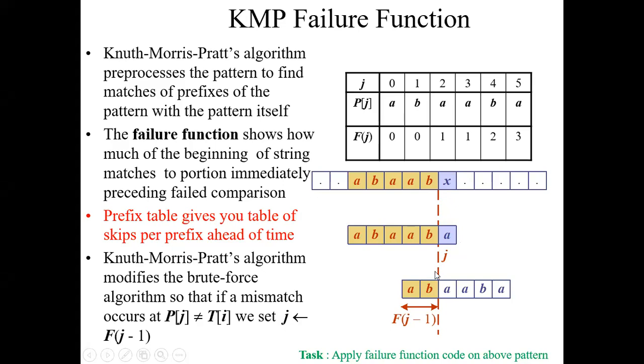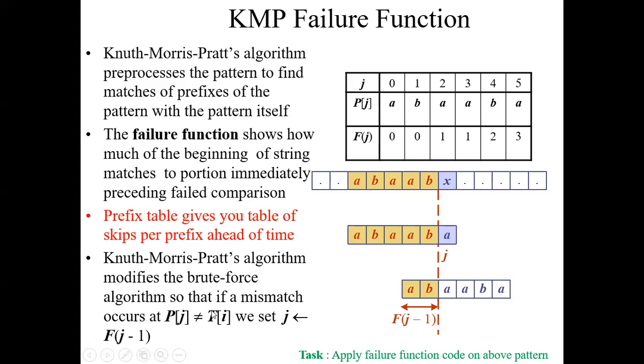That is why whenever we are looking in the failure function table, we will look for J minus 1th location. Okay, because of this statement, how much of the beginning of the string matches to portion immediately preceding the failed comparison. So here the comparison is failing. Immediately preceding the location is J minus 1. So in the failure function table, we are checking for the value in F of J minus 1th location.